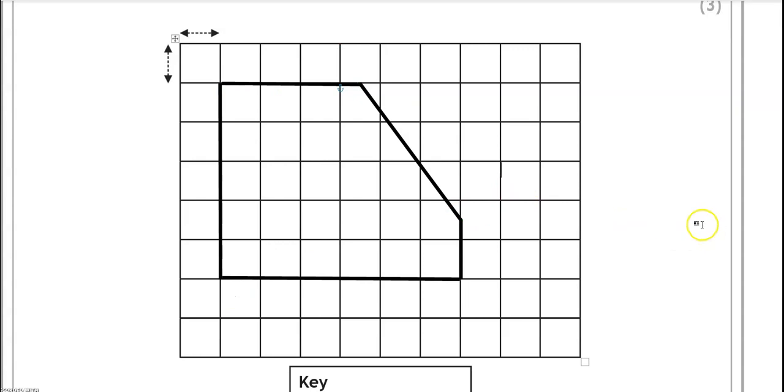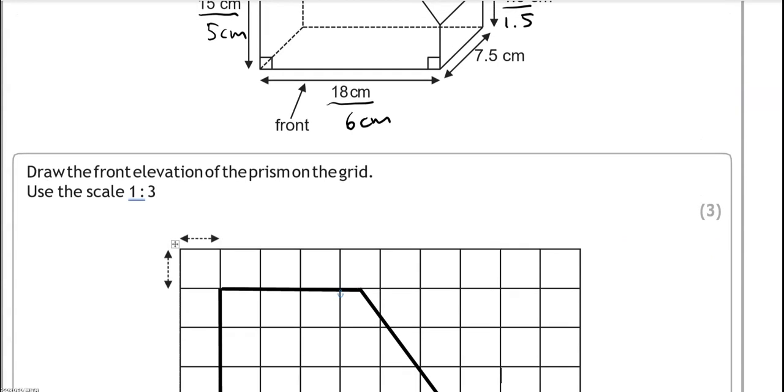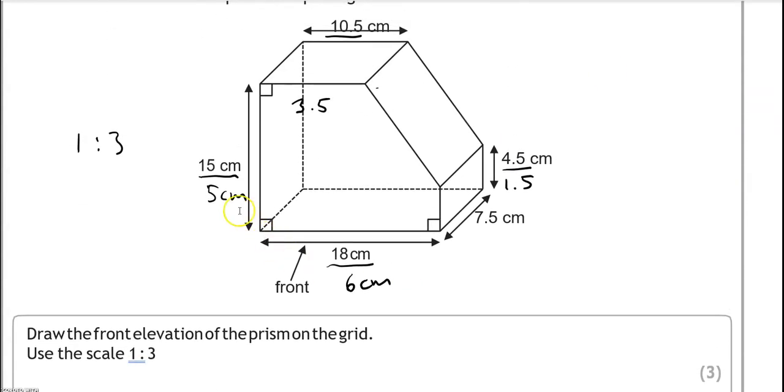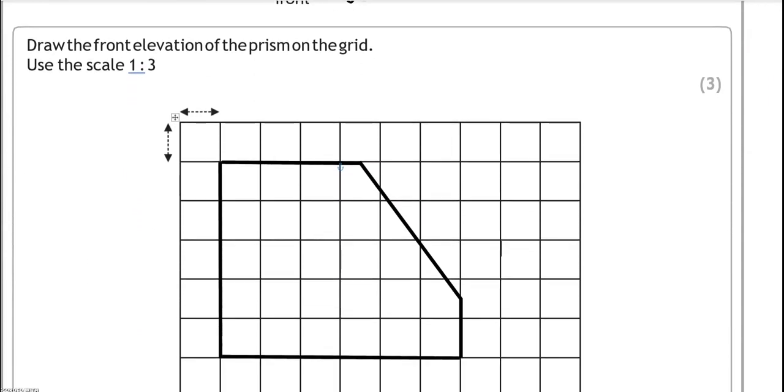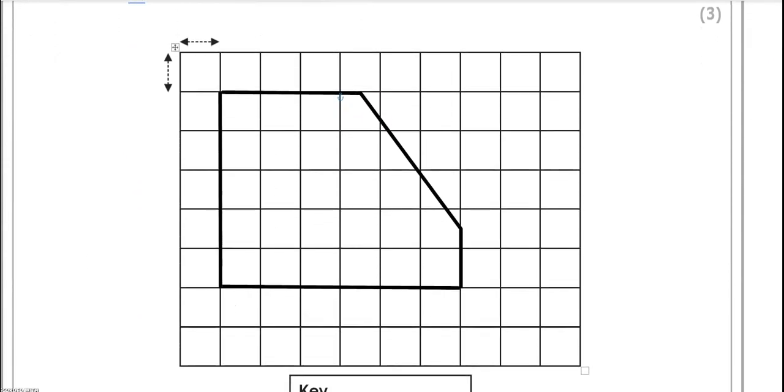Let's just double check. So looking at the dimensions once more: 5 squares, 6, 1.5, 3.5. And that matches what we've got.